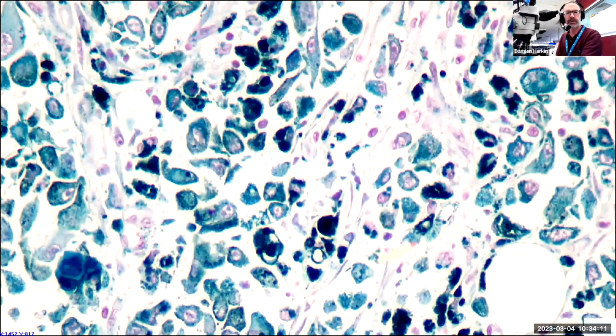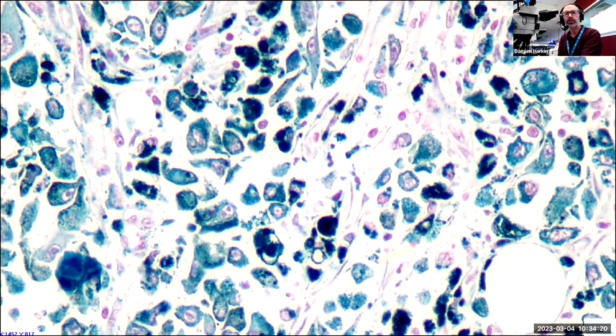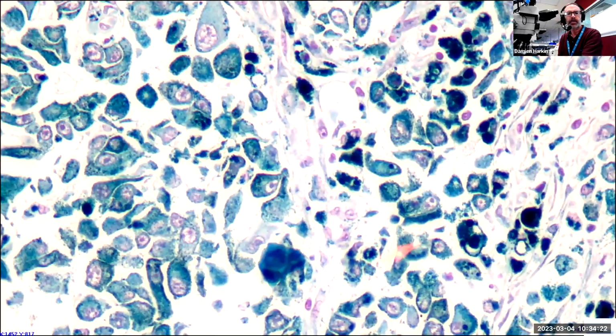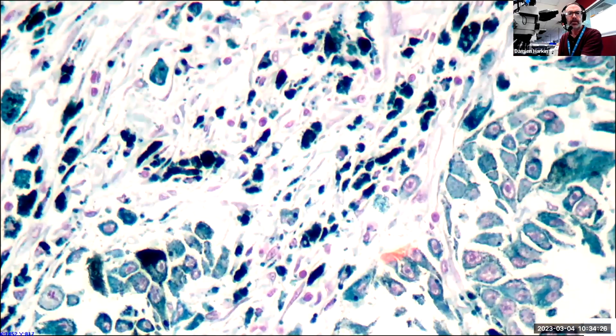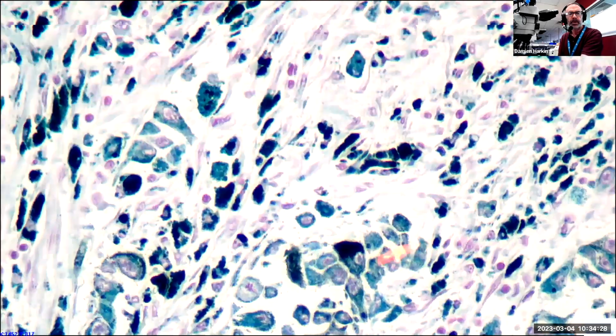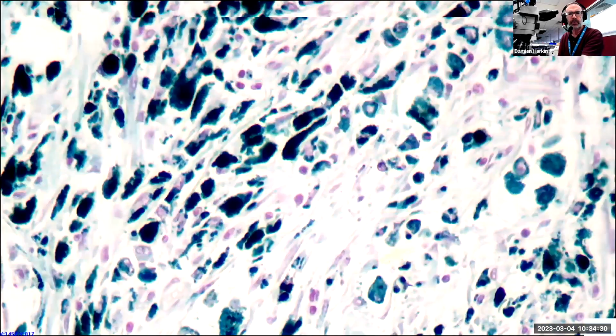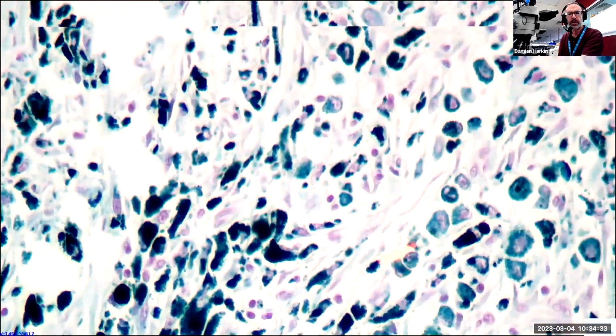This is actually another section from that same block that we've just seen. And what you can see quite clearly is quite a dramatic blue to green color that is now present wherever we previously had brown. So this is an example of one of these chemical reactions that I mentioned.